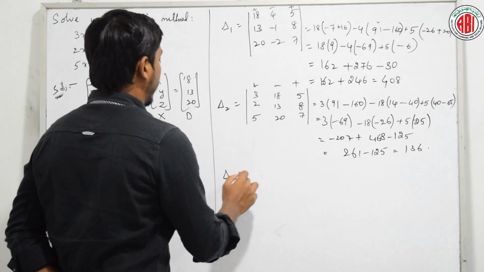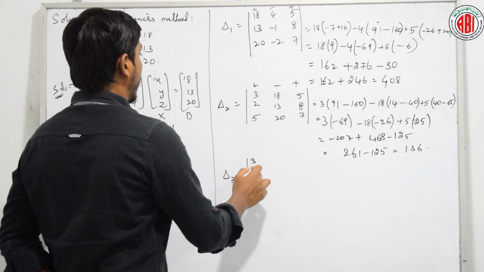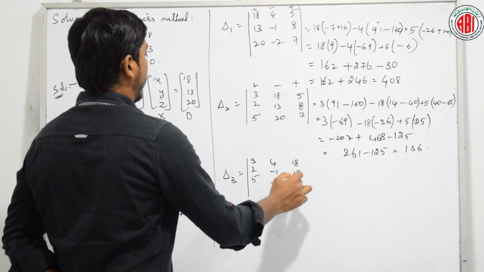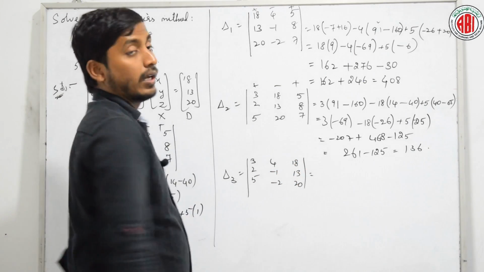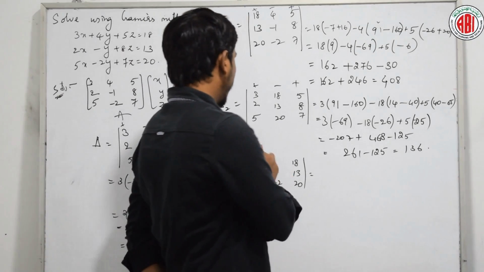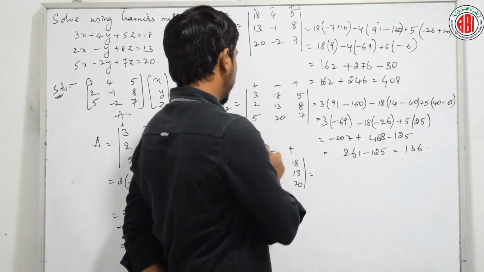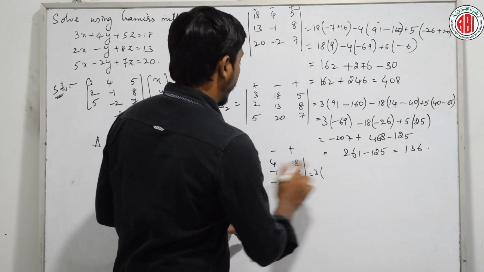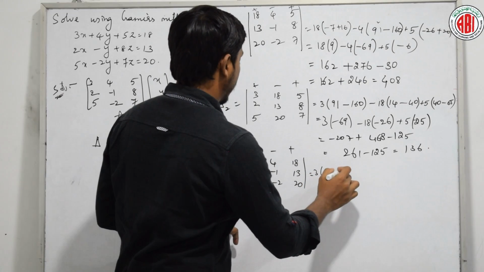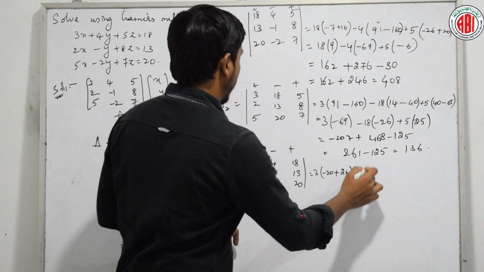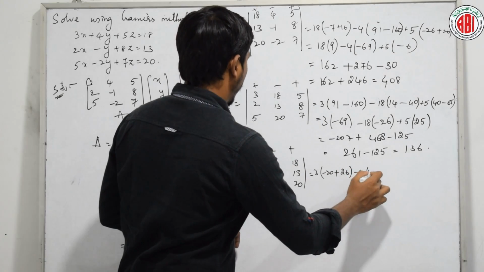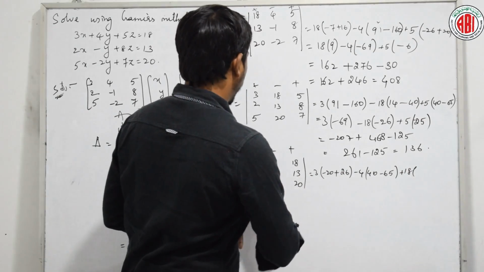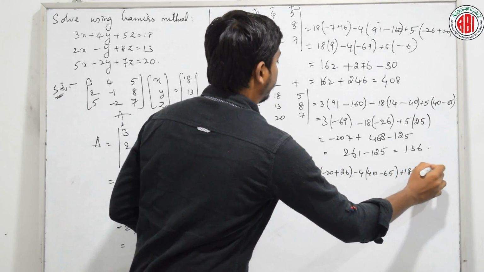What about delta 3? Delta 3 is 3, 2, 5, 4, minus 1, minus 2, 18, 13, 20. Is it okay? That is plus minus plus. So let us do this. 3 into minus 20 plus 26, minus 4 into 40 minus 65, plus 18 into minus 4 plus 5.